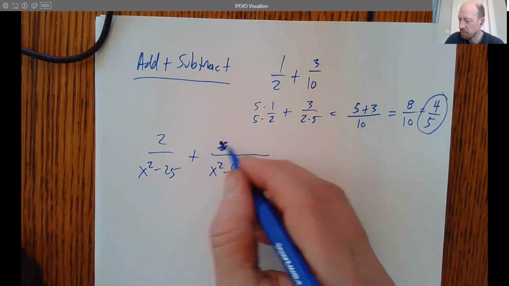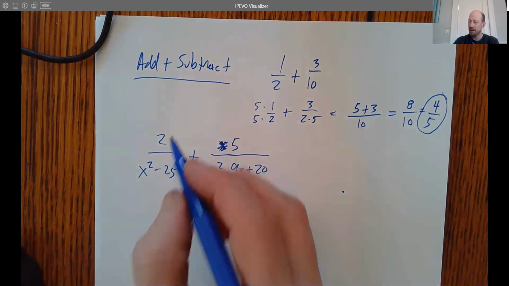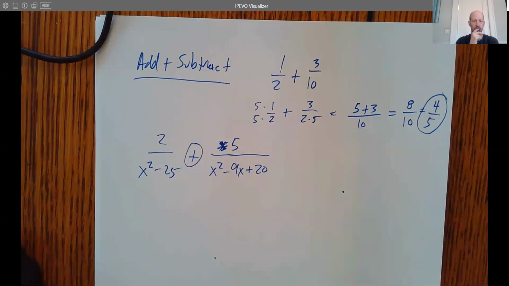Let's keep it simple. Let's just make that a 5 up there. So what's important here is that we recognize the plus. That tells me, of course, it's addition. Addition means common denominators.